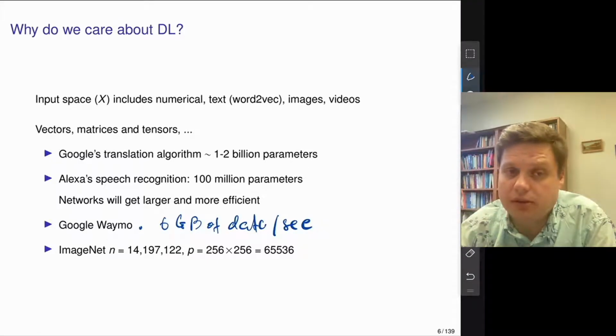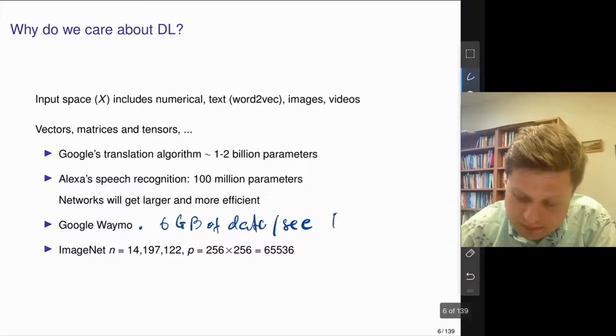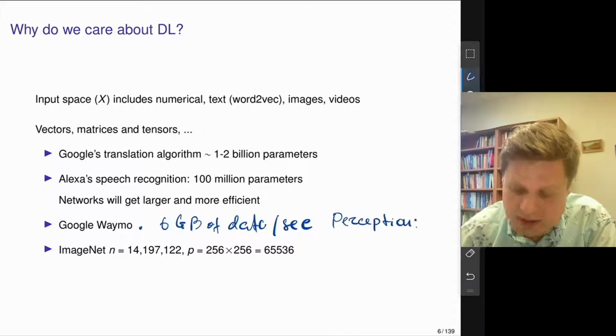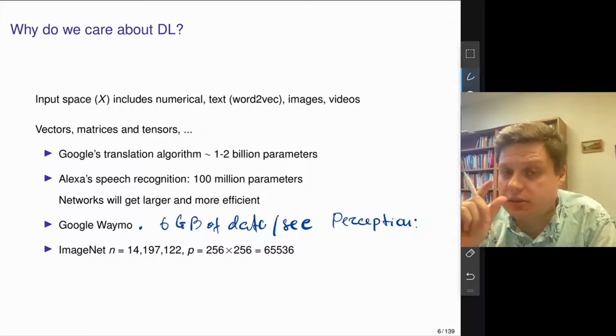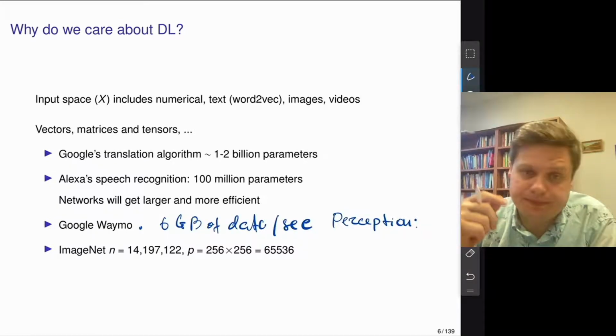A large amount of those objects come to the Google Waymo algorithm every second, and they need to be analyzed quickly, efficiently, and that's how Google Waymo does what is called perception. Perception means the self-driving car tries to identify what happens around.